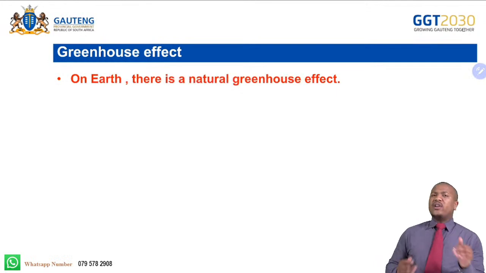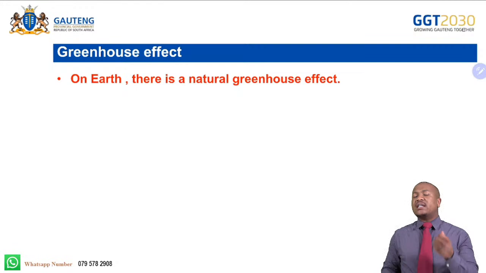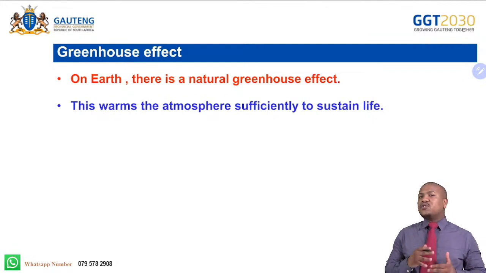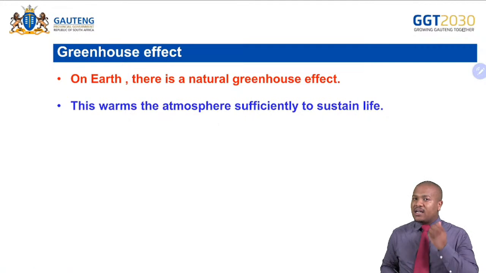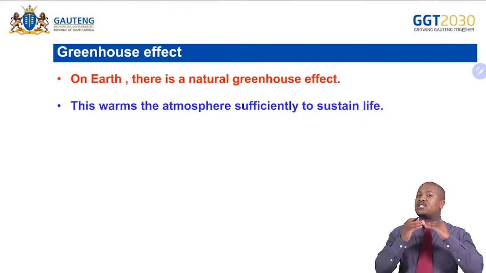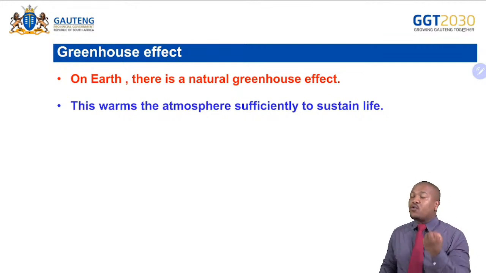And also on Earth, now let's take it to Earth. On Earth, there is a natural greenhouse effect, and this greenhouse effect is the one that warms the atmosphere sufficiently to sustain life. In our previous lesson, as we were talking about the layers of the atmosphere, we mentioned layers such as troposphere, stratosphere, and so on. We said that the stratosphere has the ozone layer which traps the sun's UV rays.